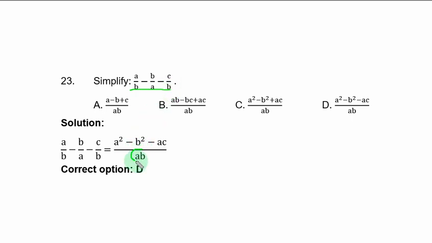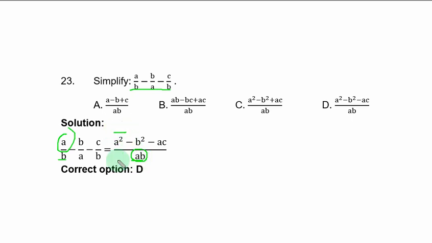What you do next is that you divide the LCM by each denominator, and your answer times the corresponding numerator. So you have AB divided by B, you have A times A, you have A squared.